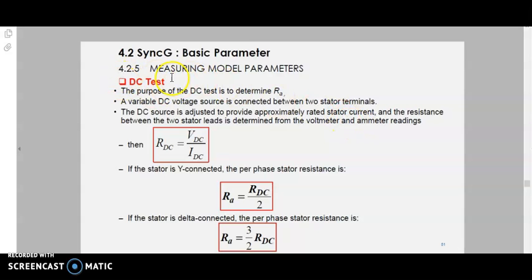So what are the DC tests? The purpose of the DC test is to determine your internal coil resistance. What we do is put a variable DC source to your terminal.